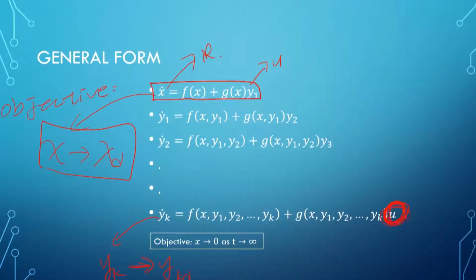But the control is far away behind here. So how can you design your control for this signal? It is quite impossible. Okay. If I ask you to design the control for Y1 to track, to enable X to track XD, that would be fine, right? But now the control input is here, not Y1. Okay, so how will you do this?